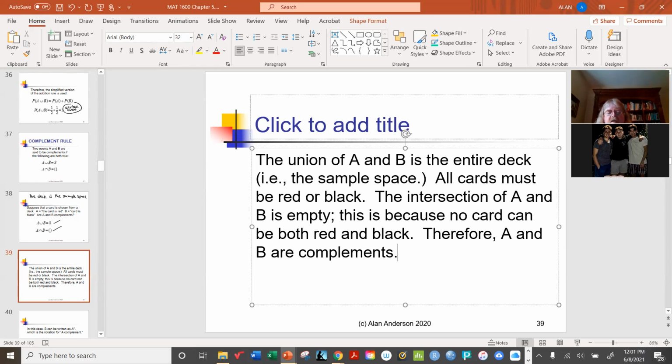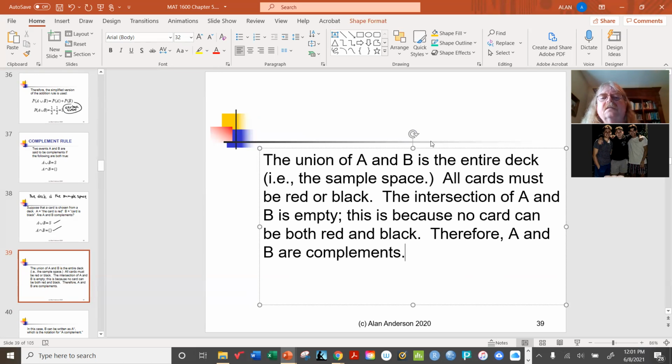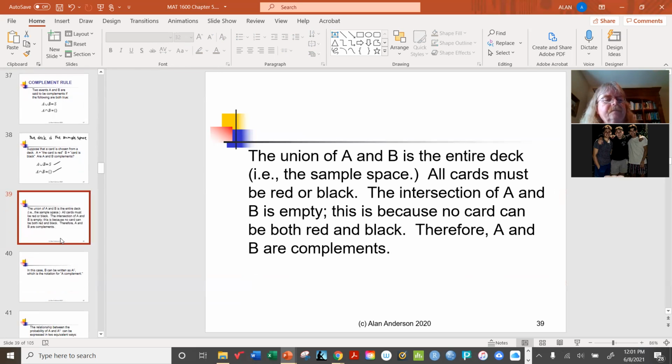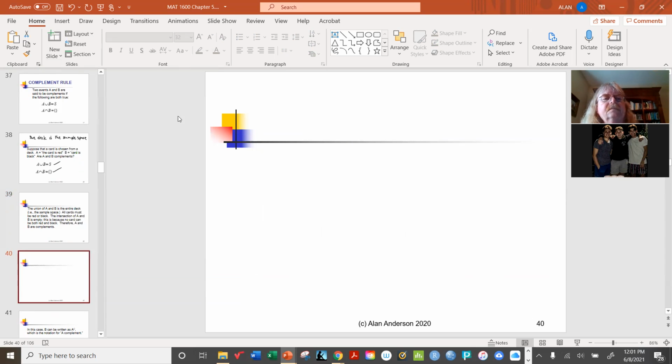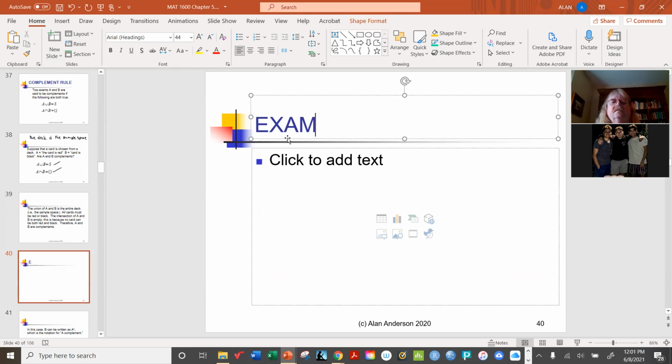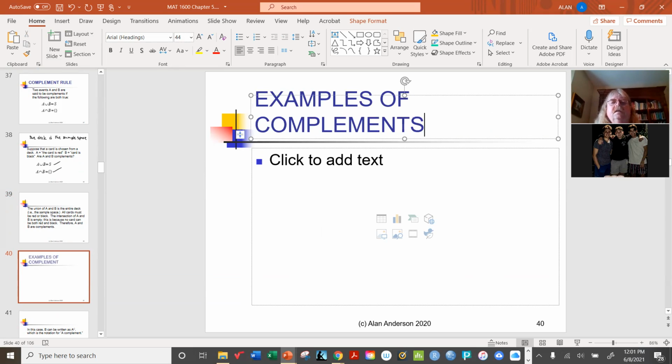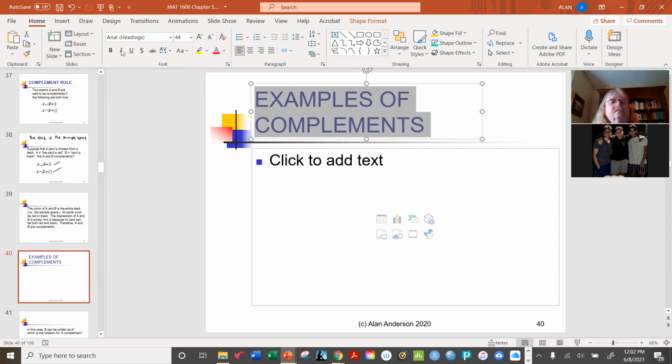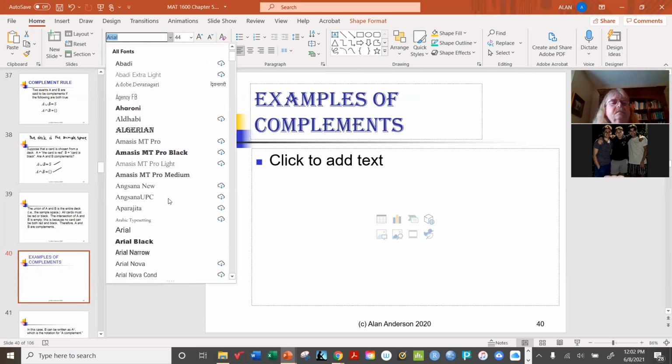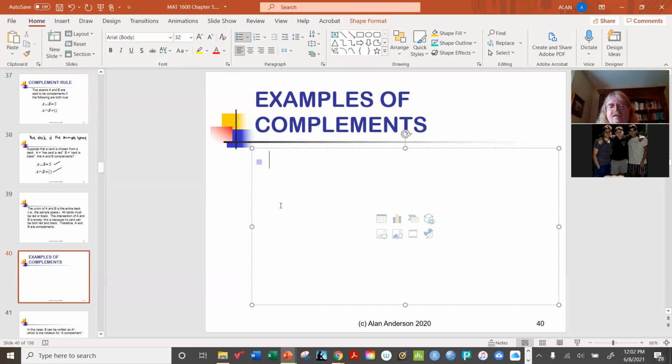Why don't we think of some more examples of complements while we're talking about it? They're not hard to come up with. For example, how about the white and black pieces on a chessboard?